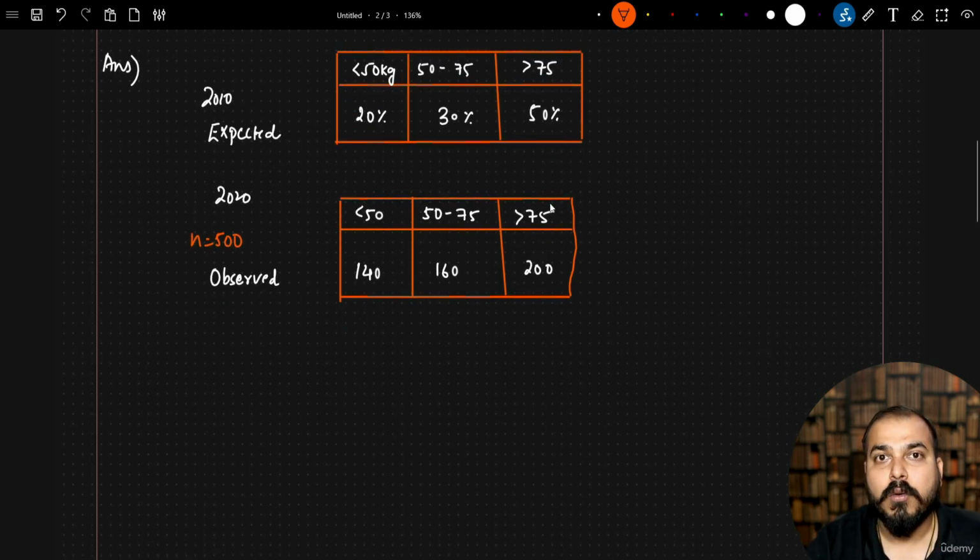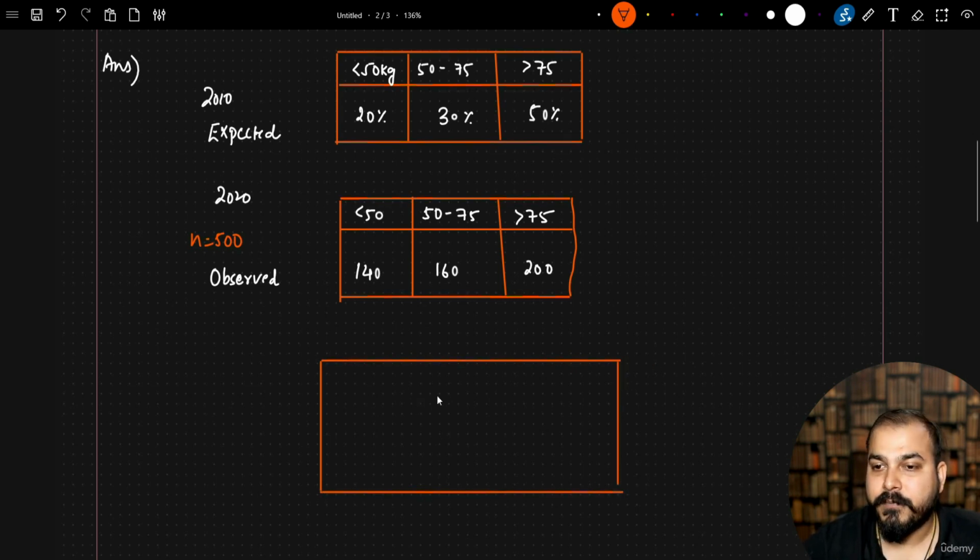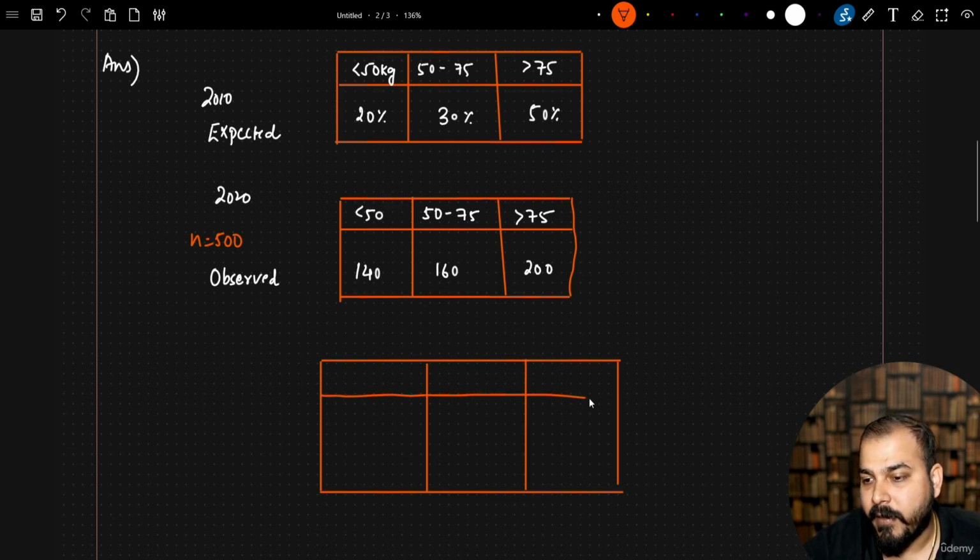Now with respect to this observed and expected, expected is still 20%, 30%, 50%. But what would be the expected data in 2020 based on this sample? So I'll make a bigger cell so that you'll be able to understand. Now I really want to form my expected data based on the new sample that I have: less than 50, 50 to 75, and greater than 75.